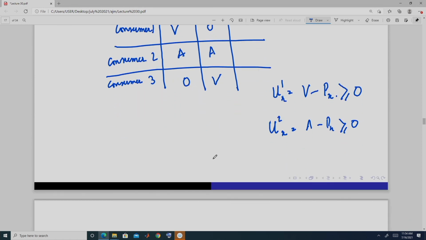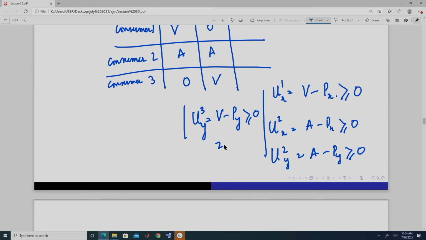Again consumer 2 buys good Y if A minus Py gives this much, and consumer 3 buys only good Y if V minus Py is greater. So, these are the possible types.